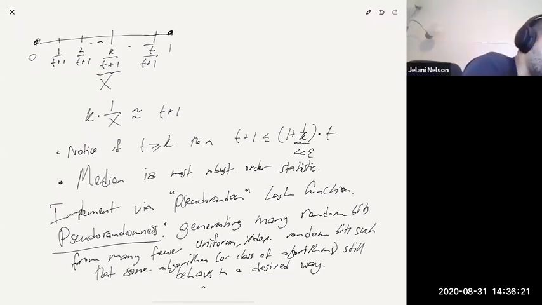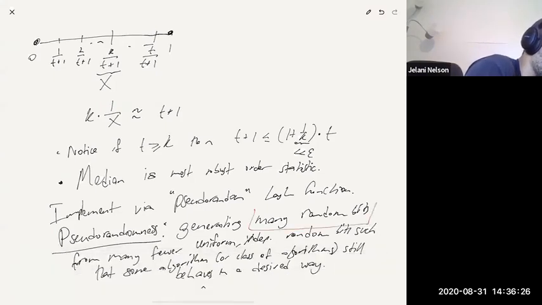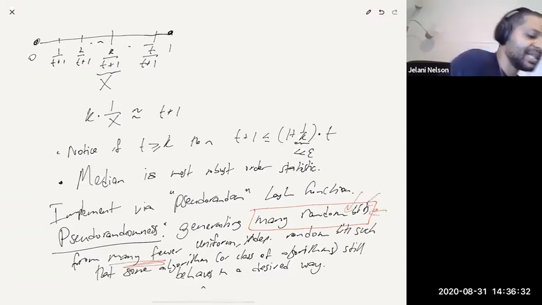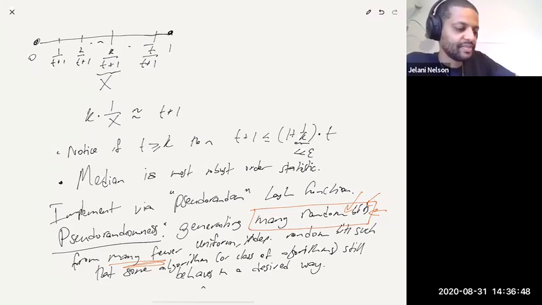These random bits here, when I say generating many random bits from many fewer, of course, these many random bits cannot possibly be independent and uniform because there's just not enough entropy in the system. If you're generating n random bits from r random bits, and r is much less than n, well, first of all, your n random bits at most have r bits of entropy.